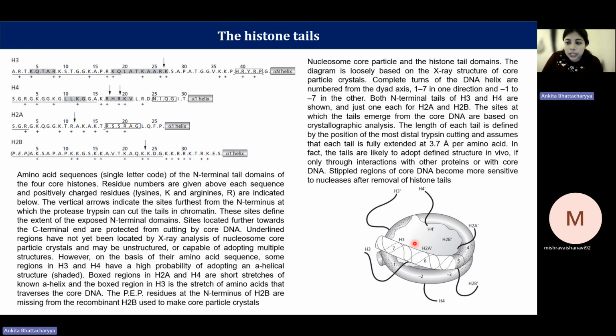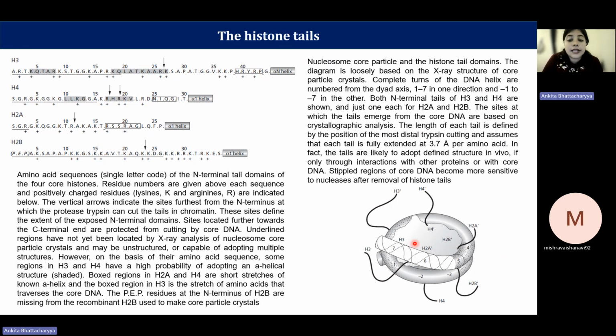The length of each tail is defined by the position of the most distal trypsin cutting. That means the farthest that trypsin is able to actually cut. That will define the length of each of these tails, and it assumes that each tail is fully extended at 3.7 angstrom per amino acid.